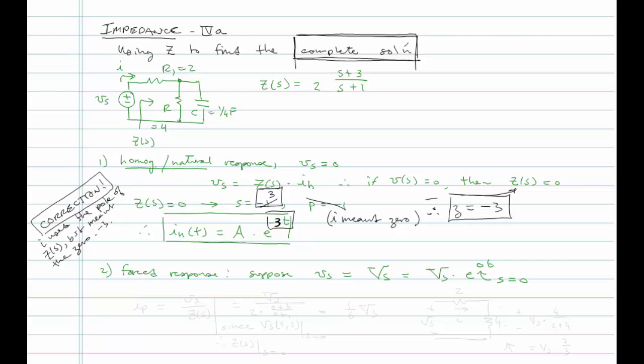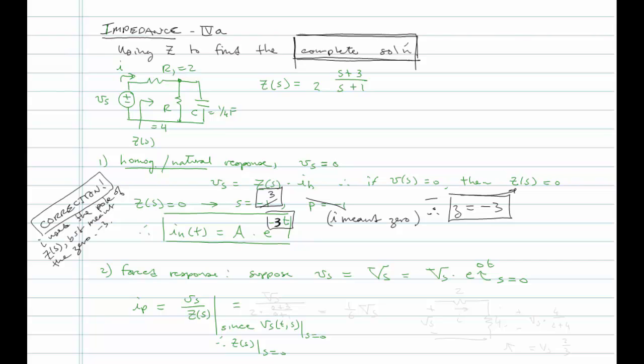So we look at I, and I'll say particular now. I is equal to Vs over Z, where s is equal to 0, therefore Z(s) where s is equal to 0. Let's plug that in.